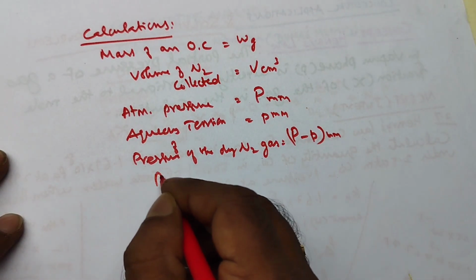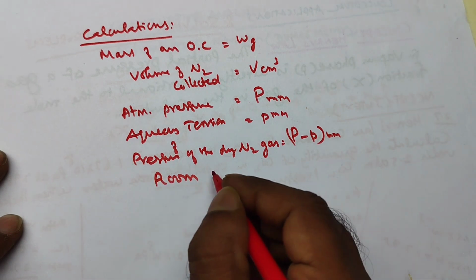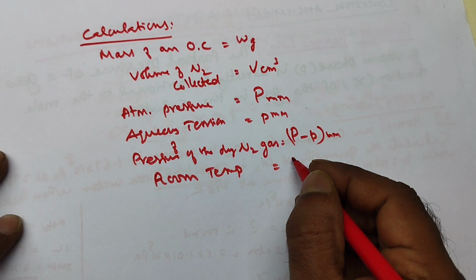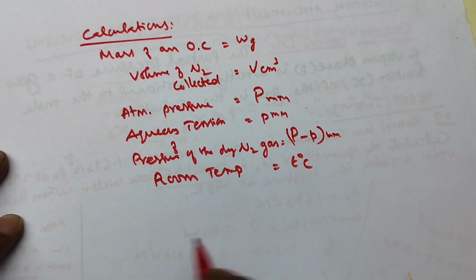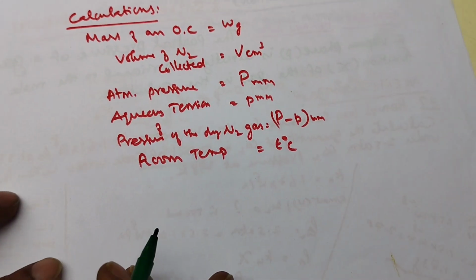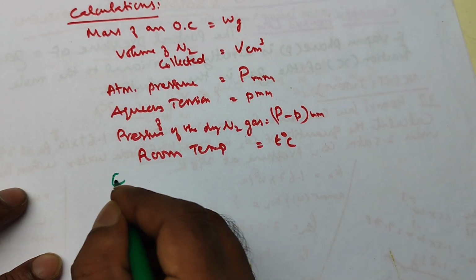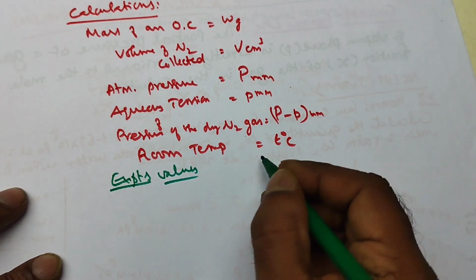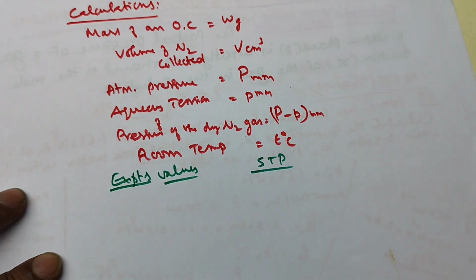The room temperature is T degrees centigrade. Then we have to measure the values in two conditions: experimental values and STP values. What is STP? Standard temperature and pressure.